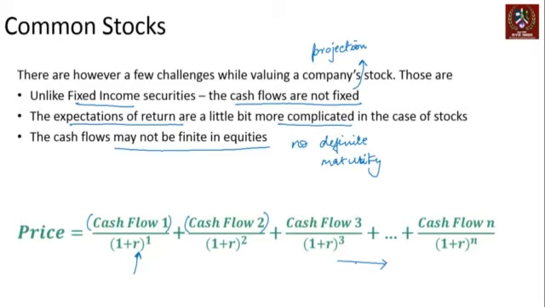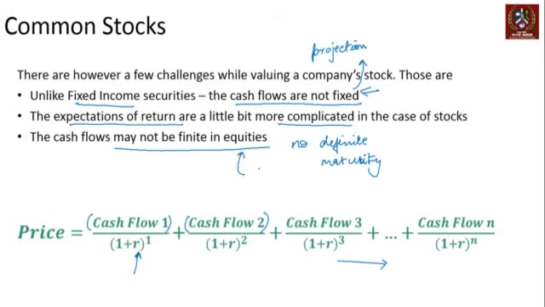We will start with the simplest mechanism of trying to value a company and the stock price and what kind of return we can make out of that company. And then we will slowly remove all the basic assumptions that we have made to arrive at a point where the cash flows are not fixed, where expectations become a little more complicated, and more importantly, the cash flows may not be finite.